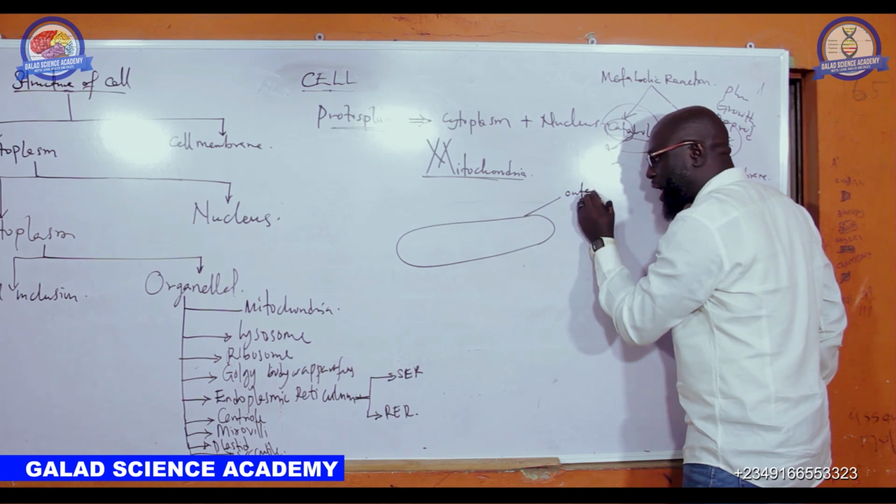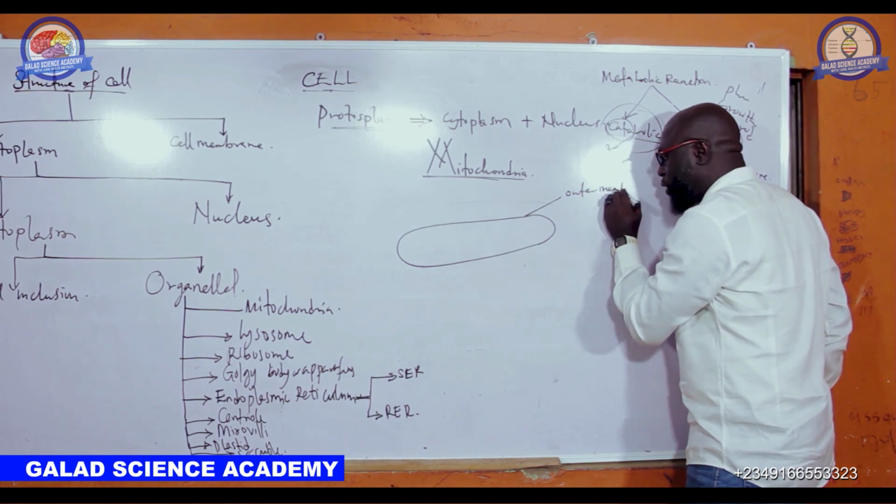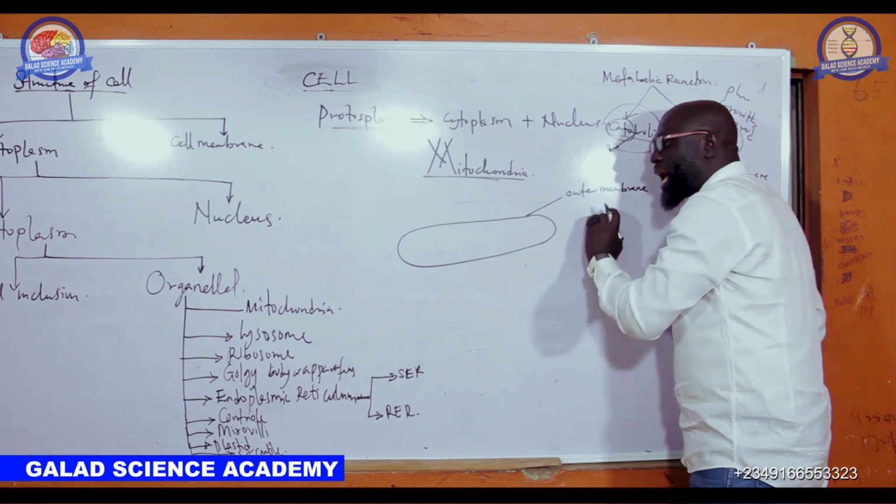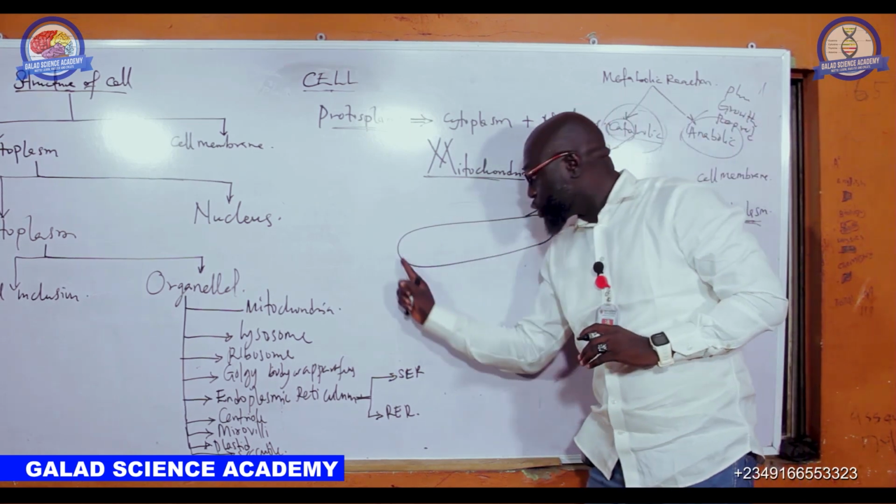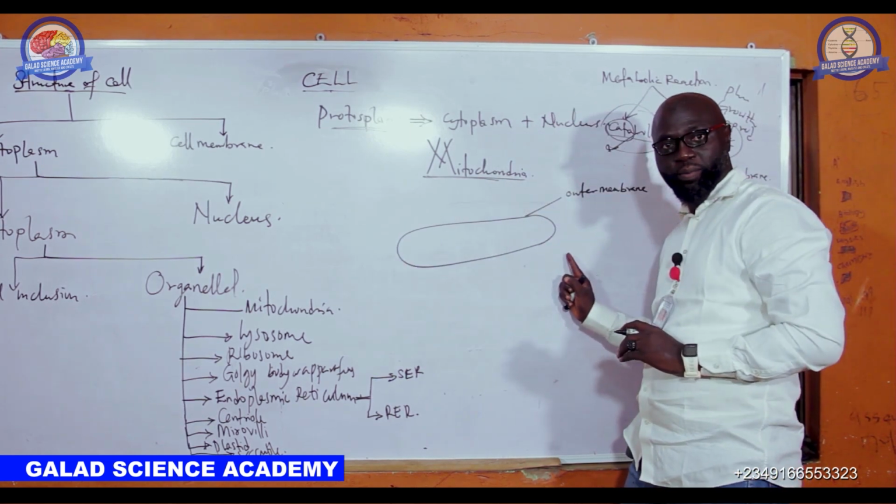This is the outer membrane of the mitochondria, and this outer membrane is smooth.